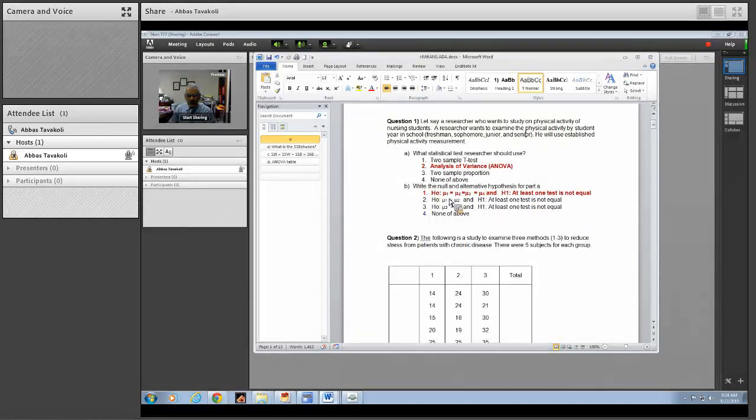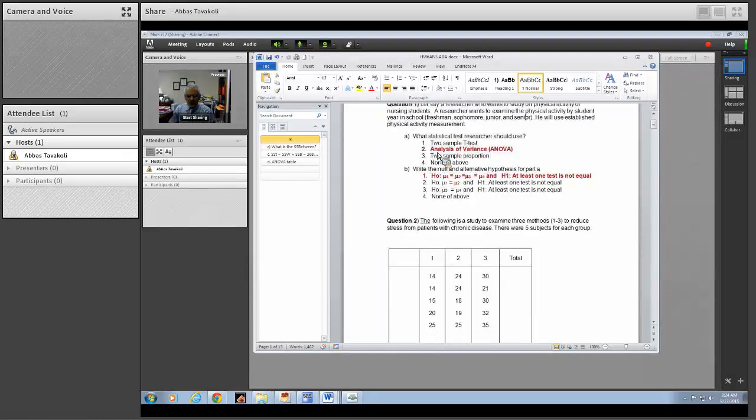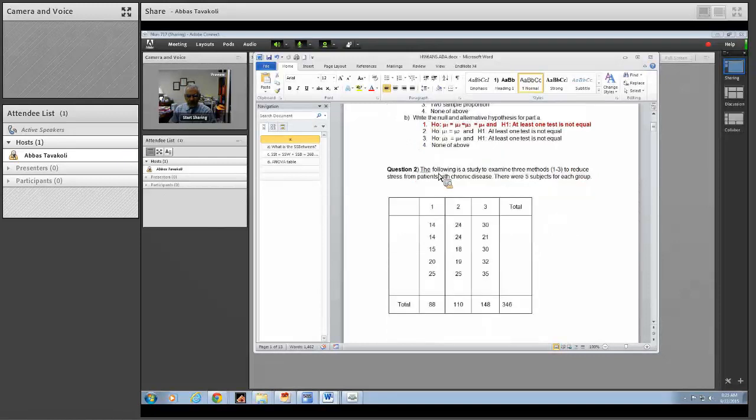So you could have multiple tests: mu1 and mu2 could be different, mu1 and mu3 could be different, mu1 and mu4 could be different, and so forth. So one of these could be different. So the correct answer was 2 for A and 1 for B.